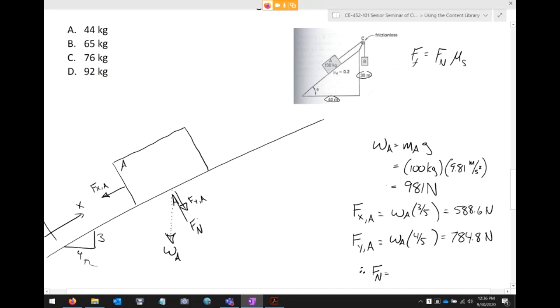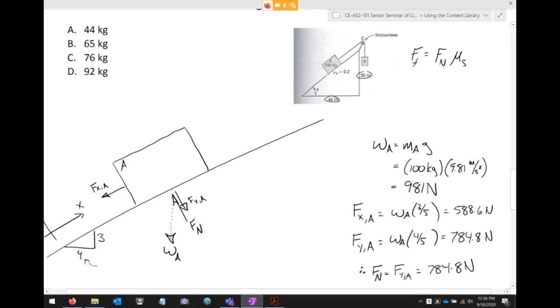So the normal force is equal to the Fya, which is 784.8 newtons. Okay, so it's like my coffee cup. My coffee cup, if it weighs like 1 pound and it's pushing down on the table, responds with a normal force. 1 pound's going up. So that's our normal force.